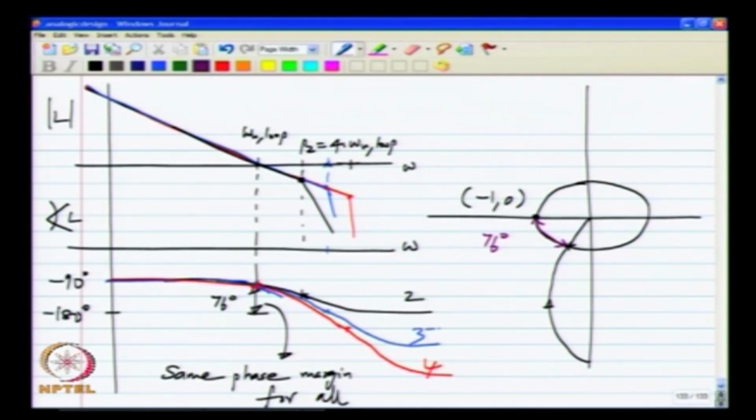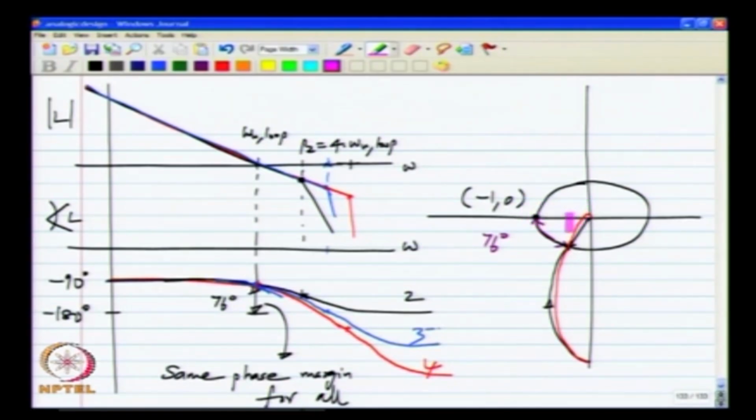Okay. If you look at a third order system, so I can't show the details very clearly here, but the point is it intersects at the same point, and then it goes and cuts the negative real axis, and then it does that. Okay. But the point is the Nyquist plot never comes close to this minus 1 point.